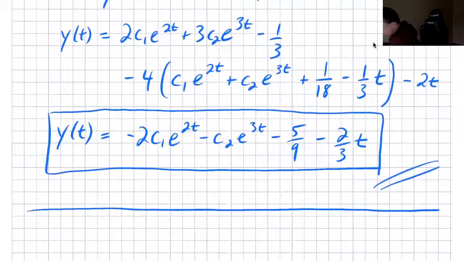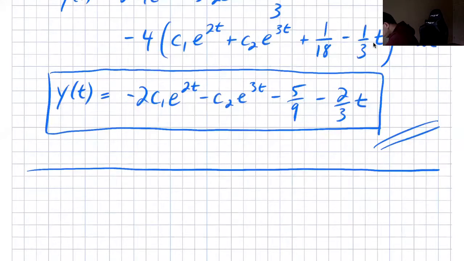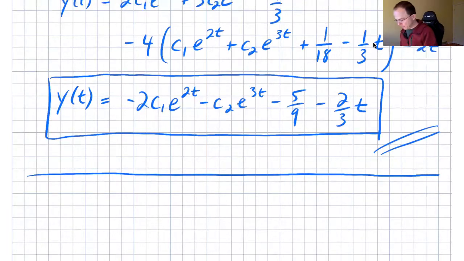And then for y of t, it is exactly that as well, except I'm having trouble seeing because it is getting dark in here. So let me turn on some lights. So let me check that again. So negative 2/3 t minus 5/9. Yeah, okay, so that is matching.